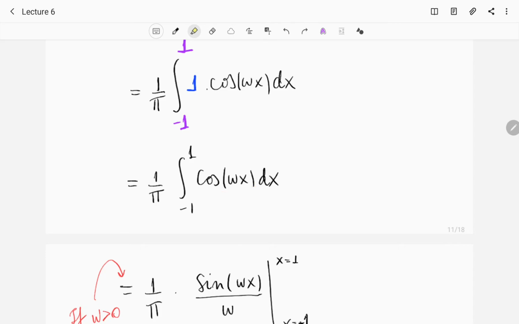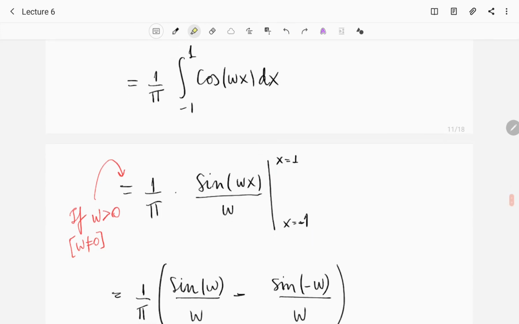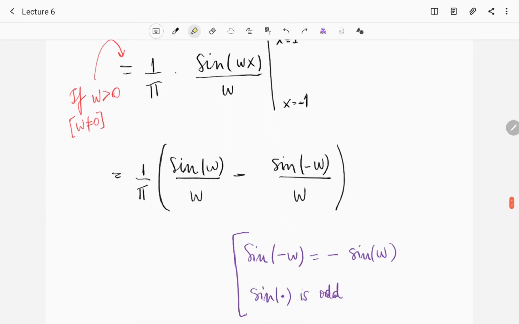An antiderivative of this integral is sine of omega x divided by omega, and we can do that if and only if omega is not 0. We cannot have this expression if omega is equal to 0. And we have to evaluate this between 1 and minus 1. So finally what we get is this expression: 1 over pi, this factor that was always there in the front, and then this expression.